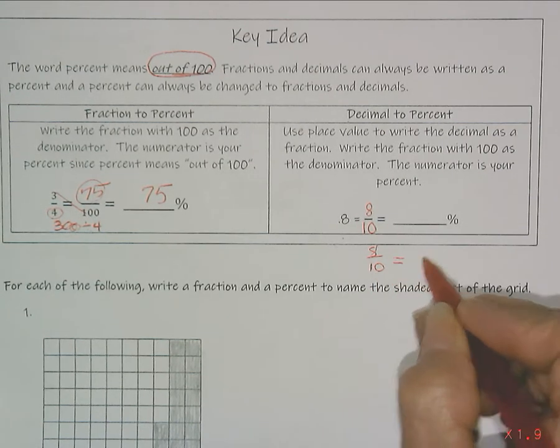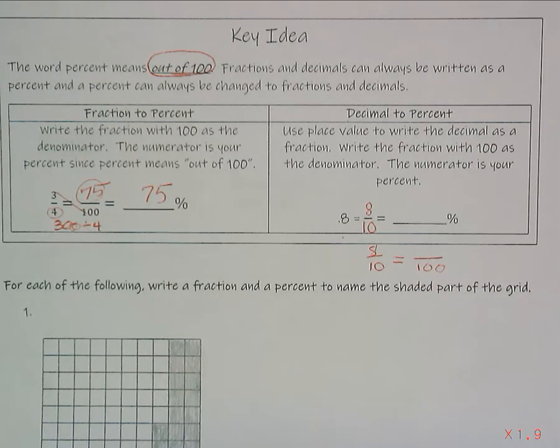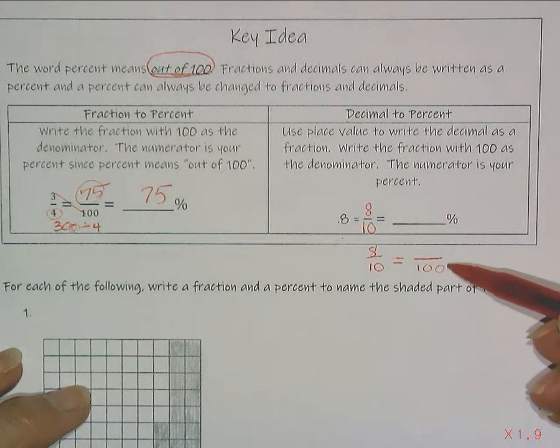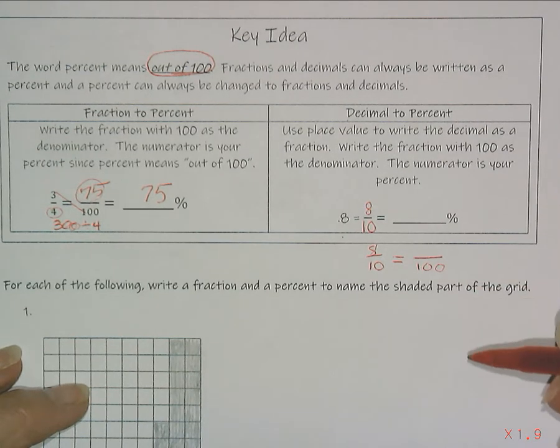We need to change this so that the denominator ends up being a 100. So use that cross multiplication technique and figure out what goes on the top. Now punch in your calculator.